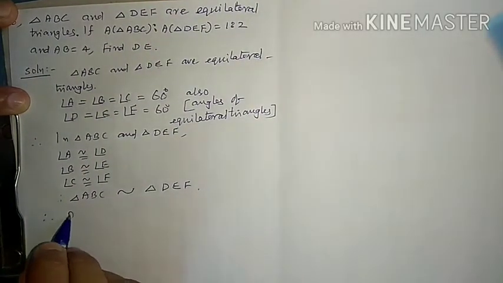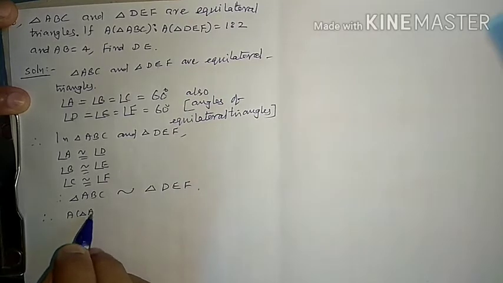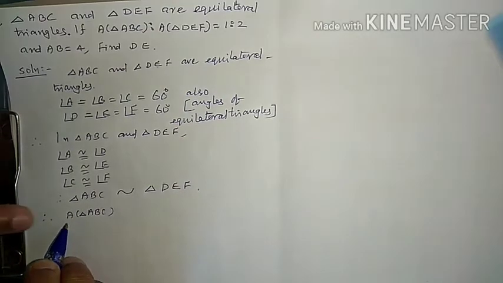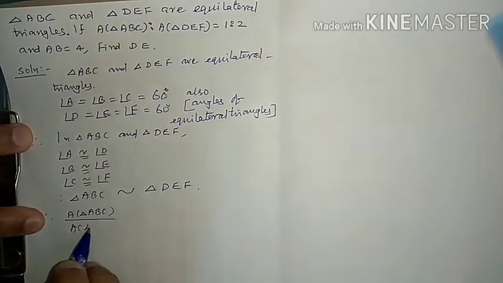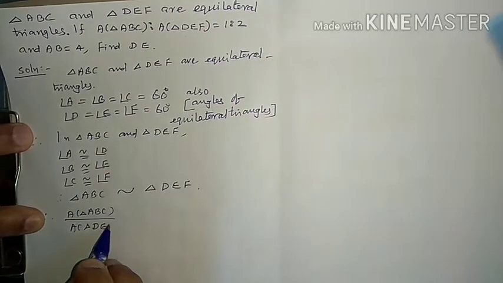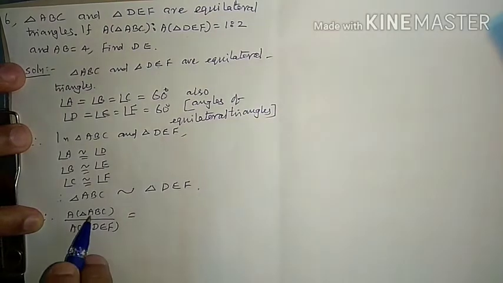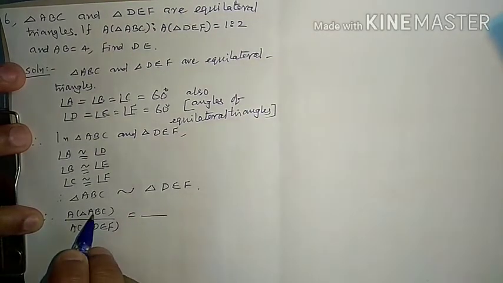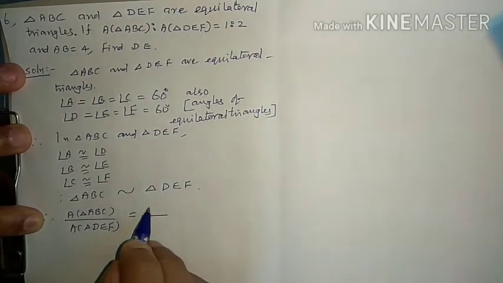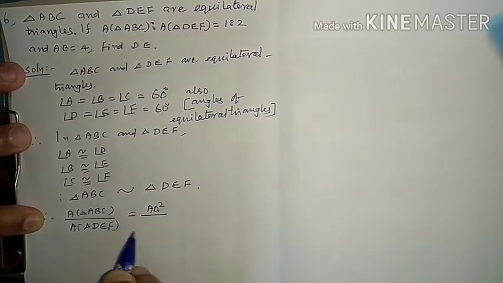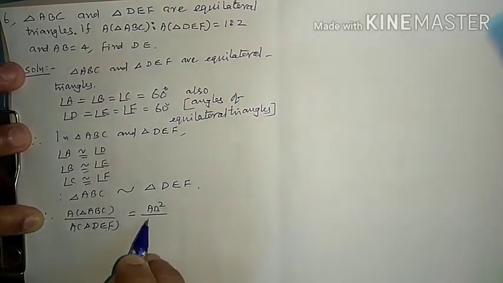Therefore what? Area of triangle ABC upon area of triangle DEF is equal to ratio of squares of their corresponding sides, AB square upon DE square.